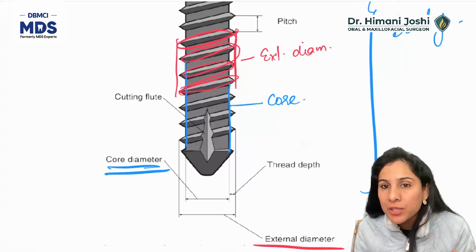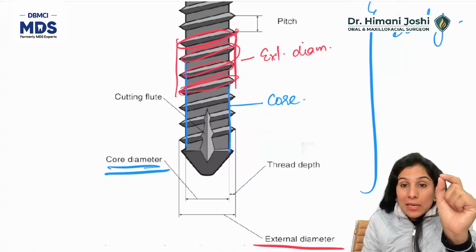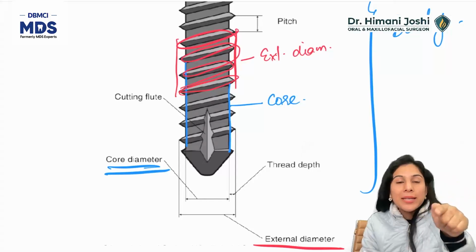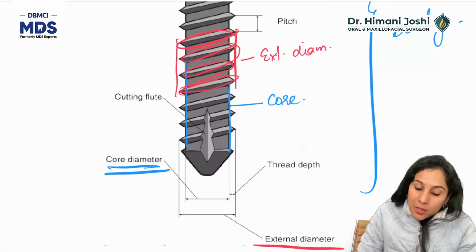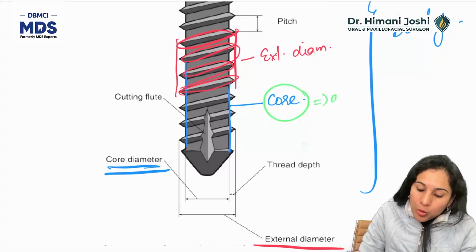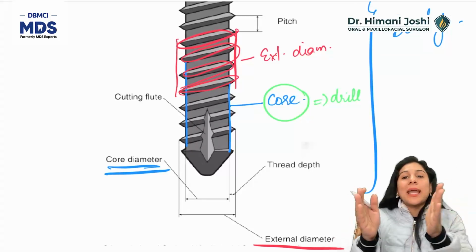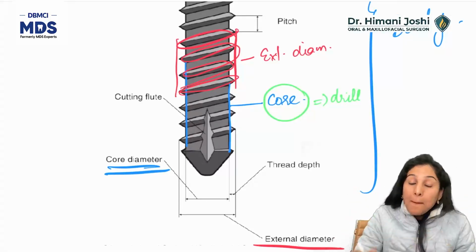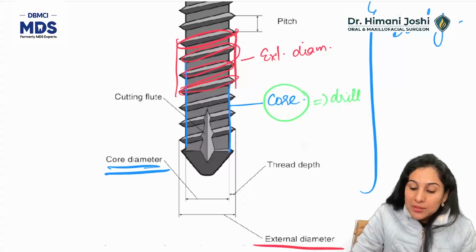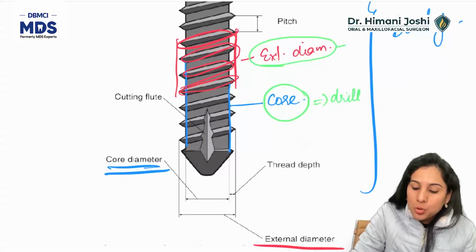Why this is important: the drill that you will use to create a hole for the screw corresponds to the core diameter, so it is narrower than the external diameter. But the name-determinant of the screw is the external diameter.